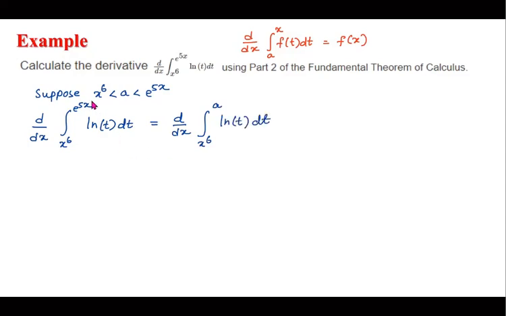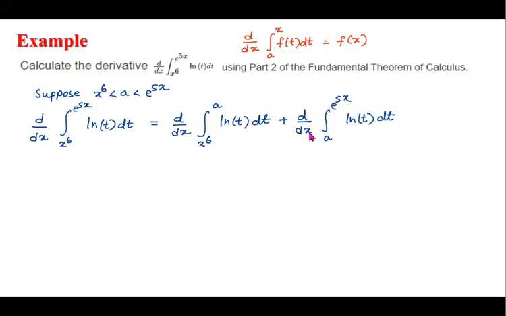Using the property of integrals, we can integrate from x to the 6 up to a, and then from a up to e to the 5x, so plus the derivative with respect to x of the integral from a up to e to the 5x of the same function, natural log t dt. So we use the property and we split into two parts.